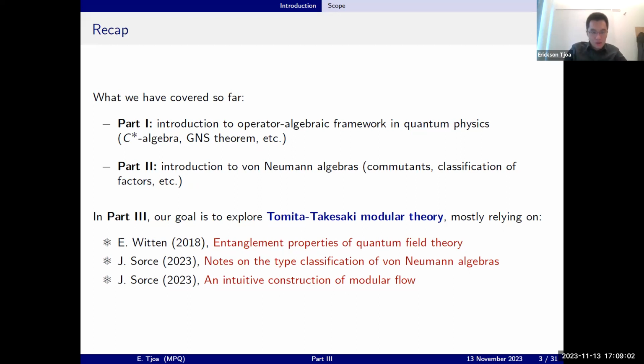But today I'm going to talk about something that is both very technical, but also very exciting. This is part 3 about Tomita-Takesaki modular theory. Here I need to put the 3 references right from the very beginning: 1 review paper by Ed Witten and 2 papers by Jonathan Sorce.